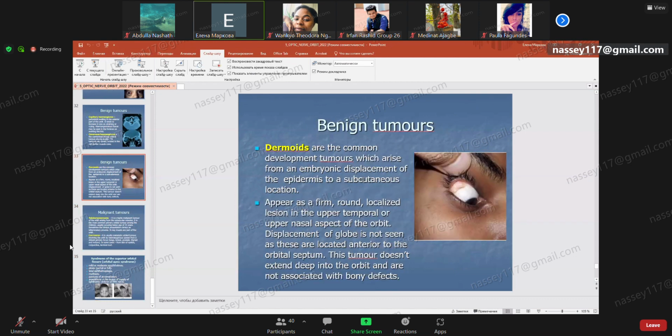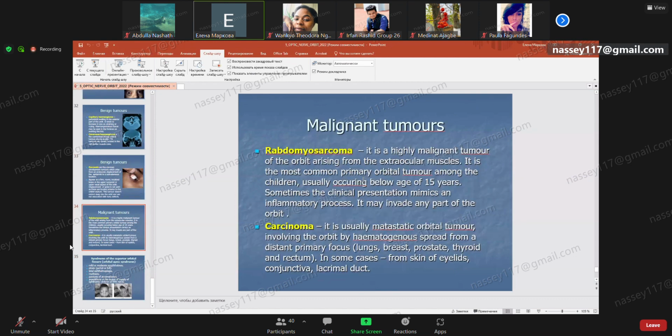Treatment of malignant tumors. Firstly, it's high dose radiation therapy combined with systemic therapy. The second step is chemotherapy, and the third step is surgical treatment.